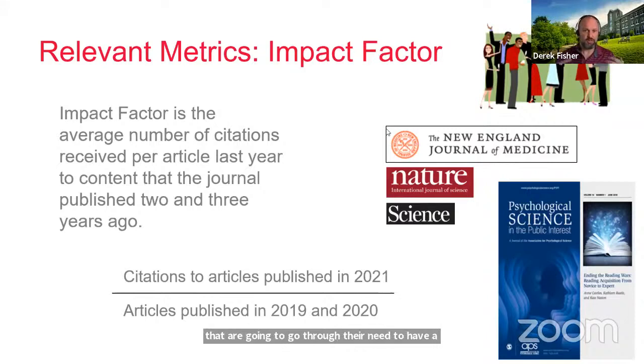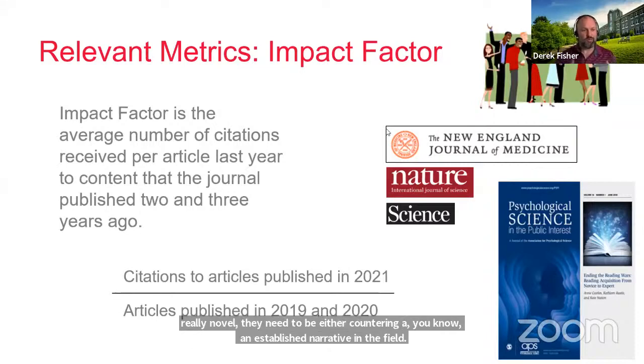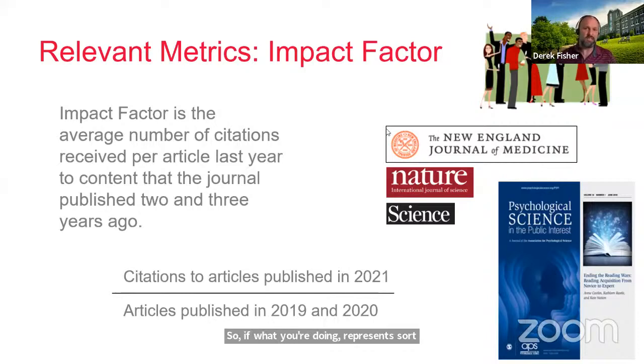They need to be really novel. They need to be countering an established narrative in the field. So if what you're doing represents more incremental advancement of science or understanding in the field, a super high impact factor journal is not necessarily going to be the place for that. They're looking for something that's really very novel.